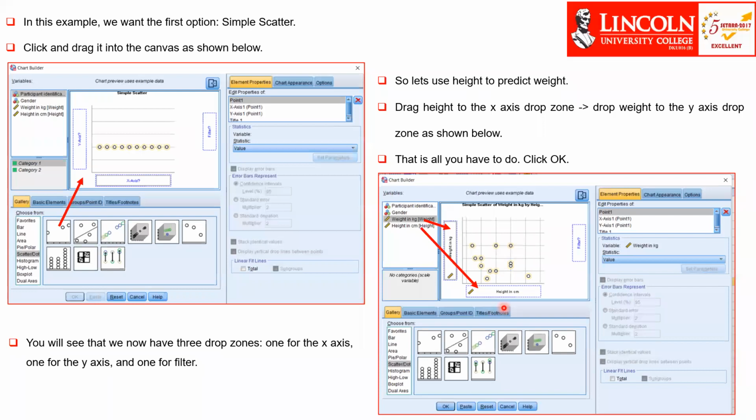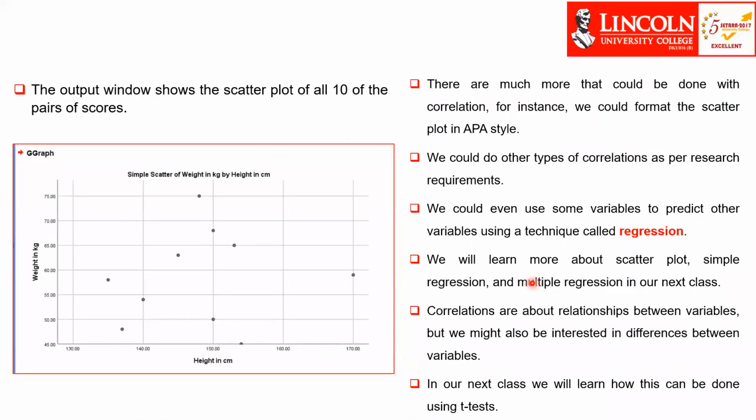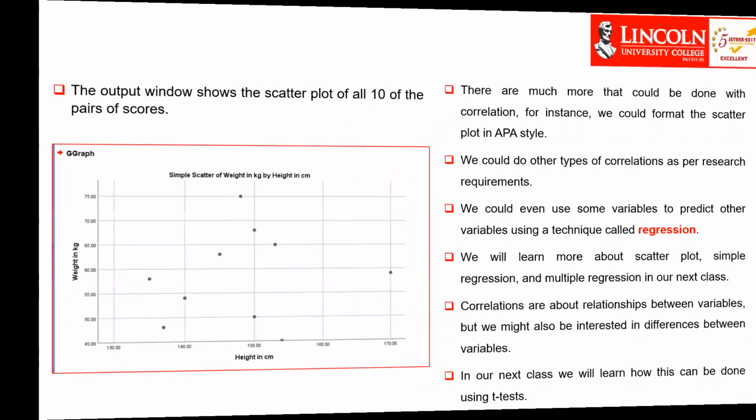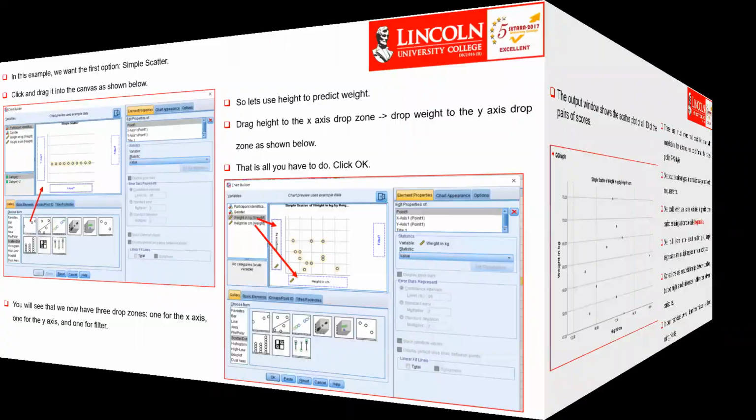But for now, I just leave it the way it is. So you just click on OK. Once you click on OK, this is what you get, which is actually your scatter plot.